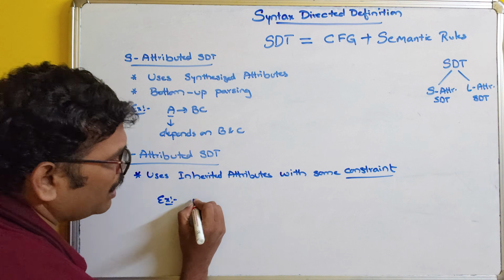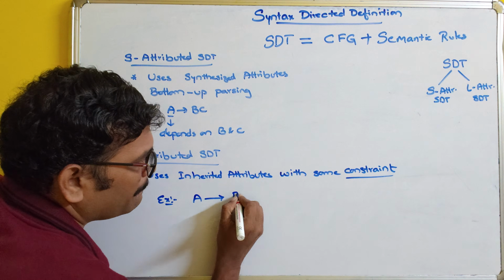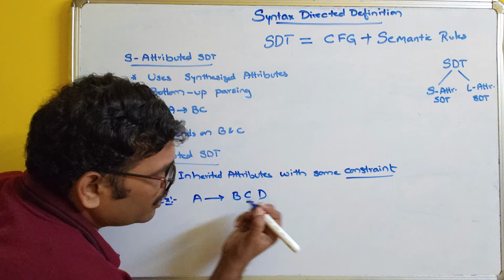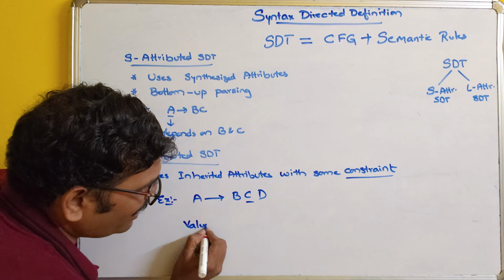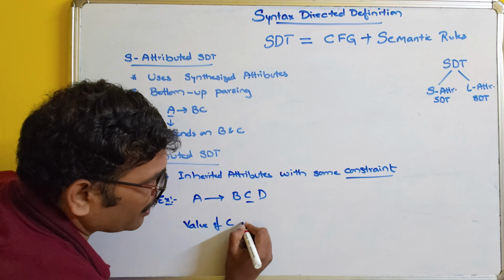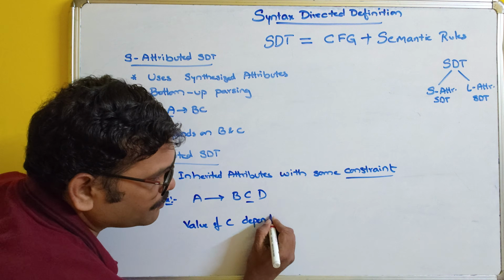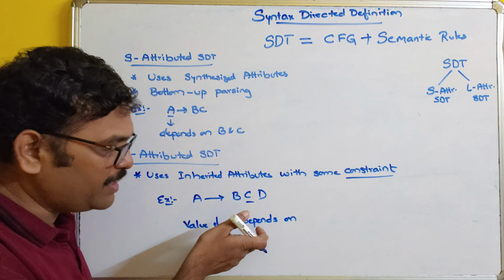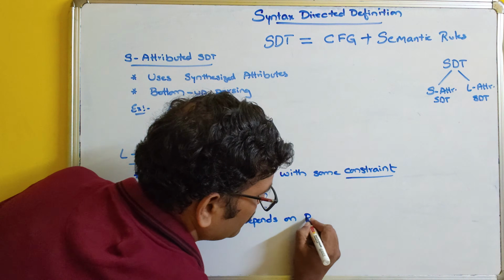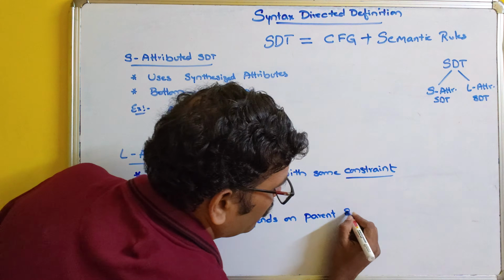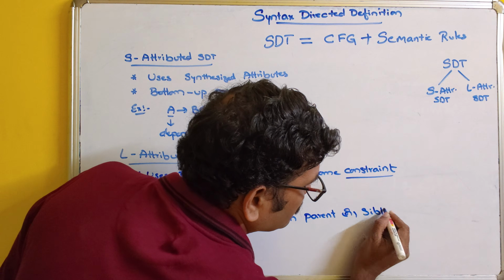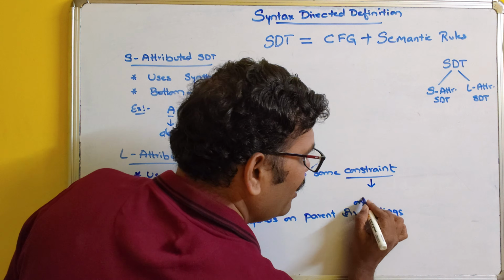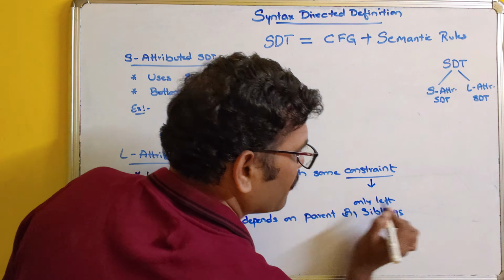Okay, so for example, let us take A tends to B, C, D. Now, see, the value of C, if it is an inherited attribute, what we have said, it depends upon the parent or siblings. So here the constraint is only left sibling.